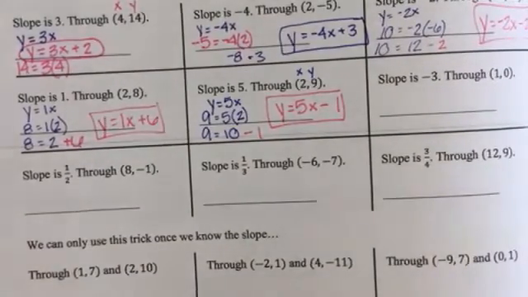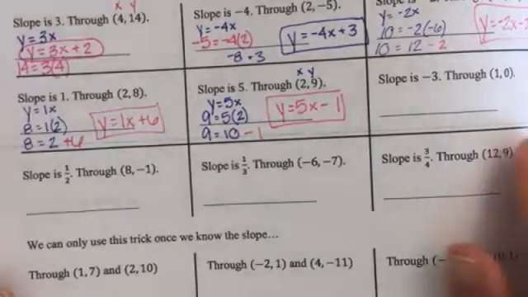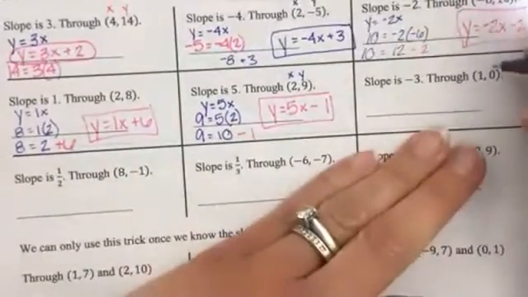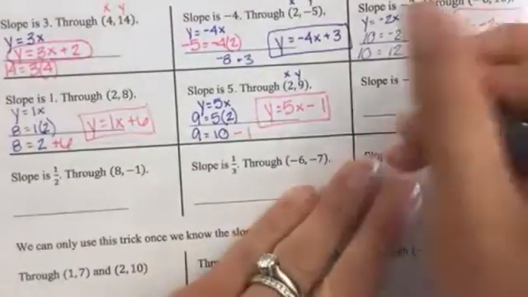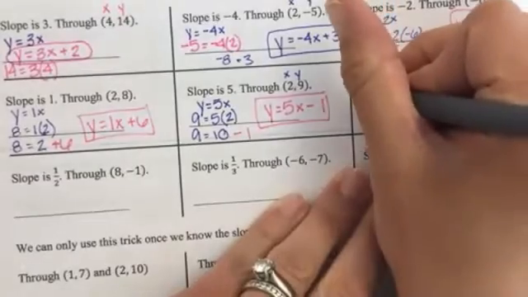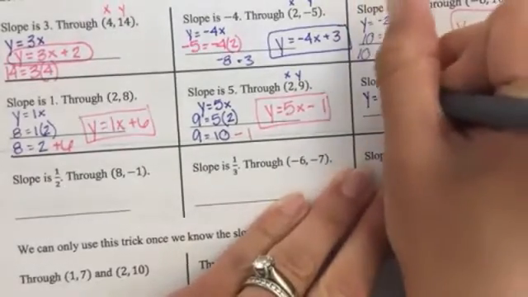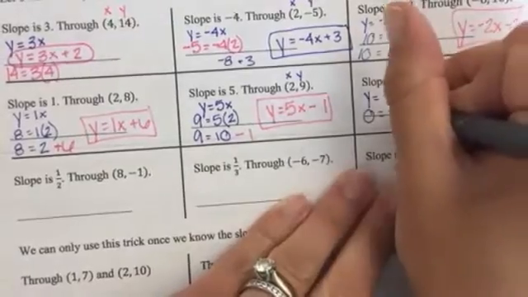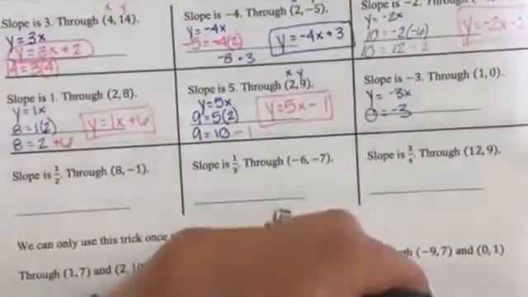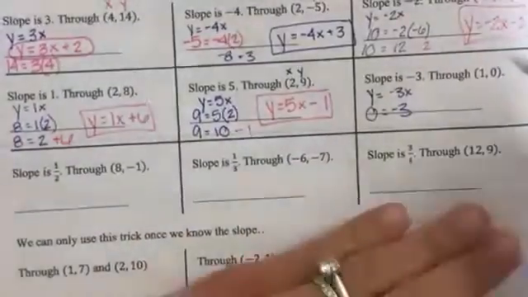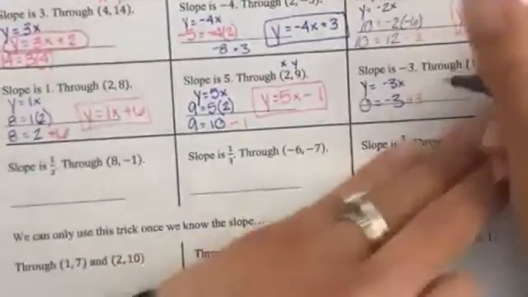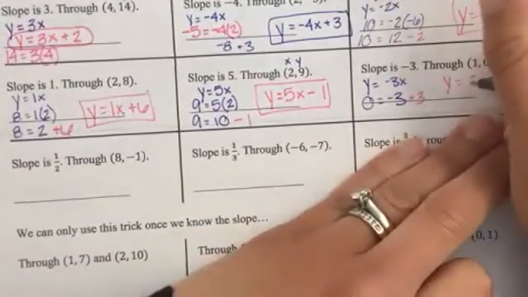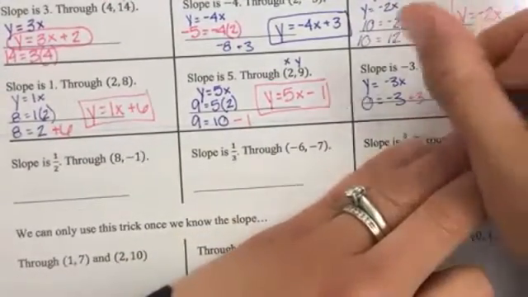Should we do a fraction? Well, actually, let's do this one first. This one's going to be 0. Y equals negative 3x. So this is 0 equals negative 3. Well, what would we have to do to get it to 0? Add 3. So y equals negative 3x plus 0.